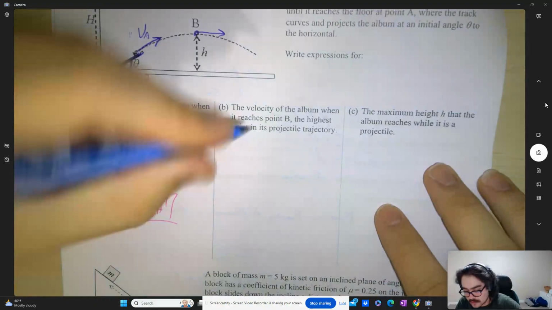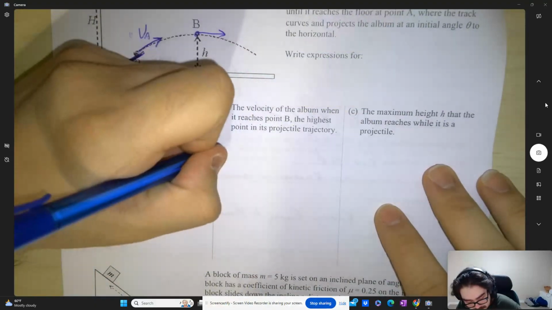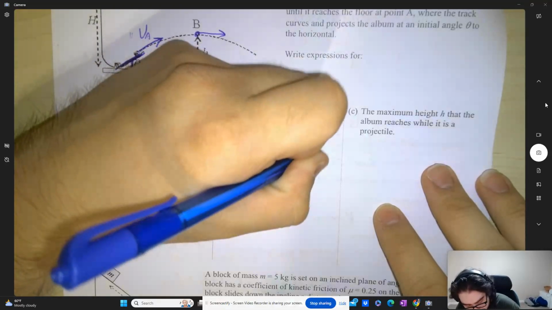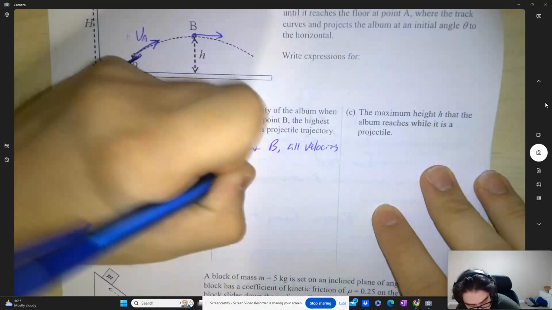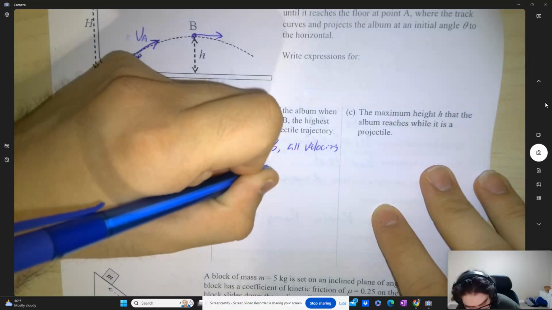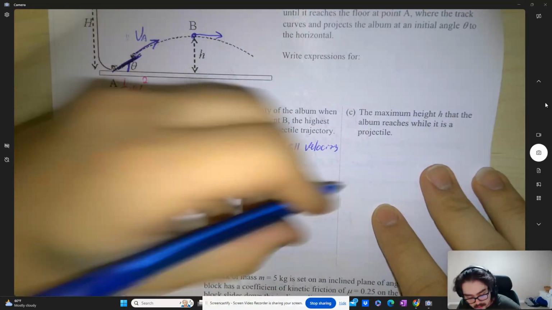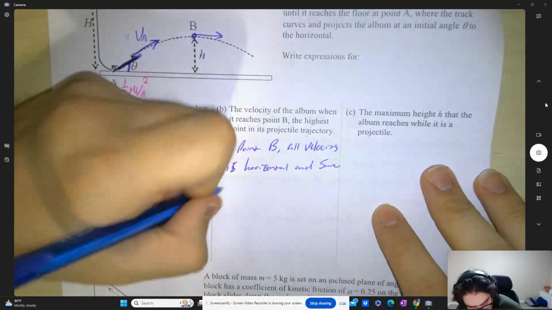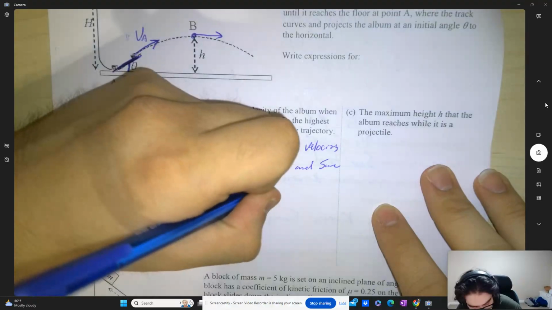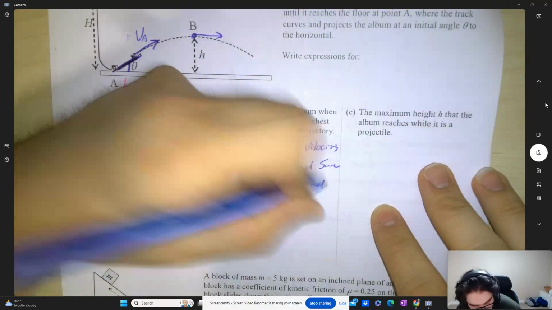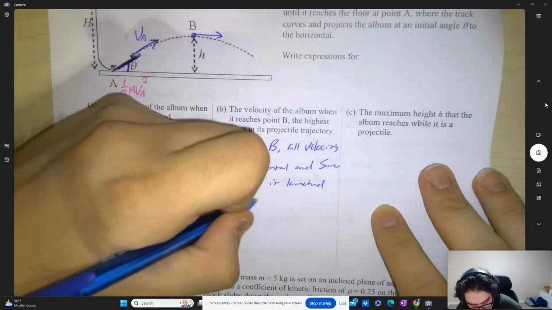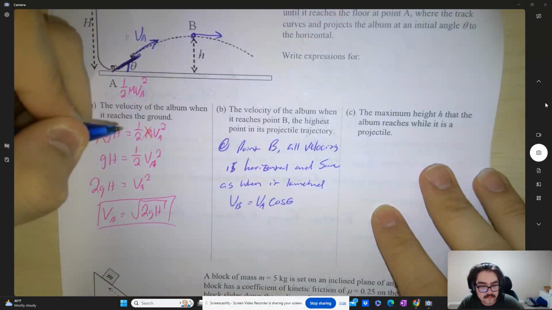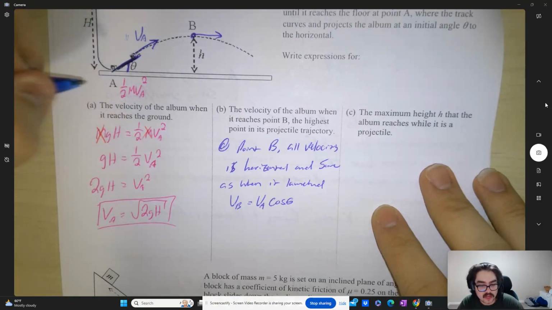So at point B, all velocity is horizontal and the same as when it launched. So v_B should be equal to v_A times the cosine of theta, because that would be the horizontal component when it launched.